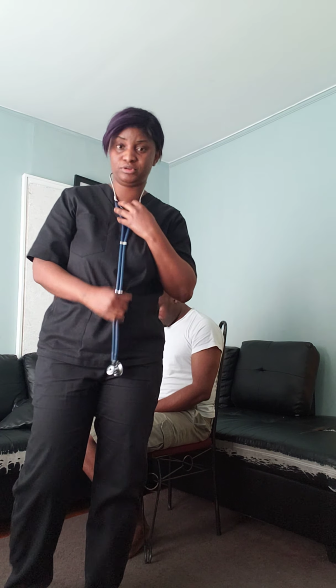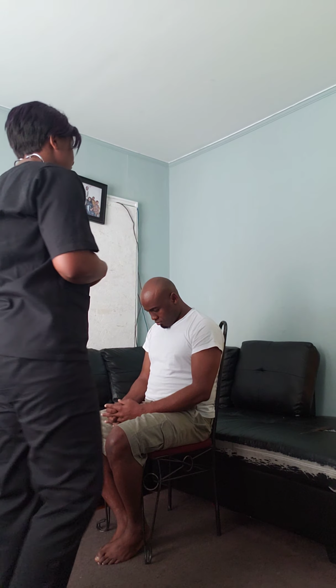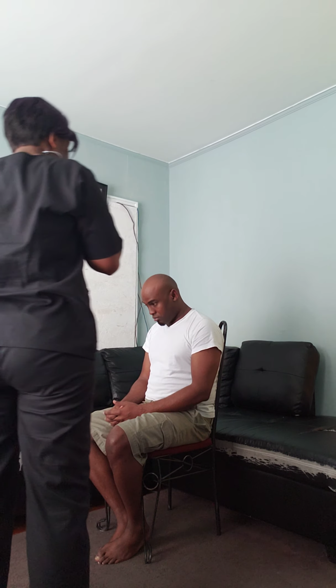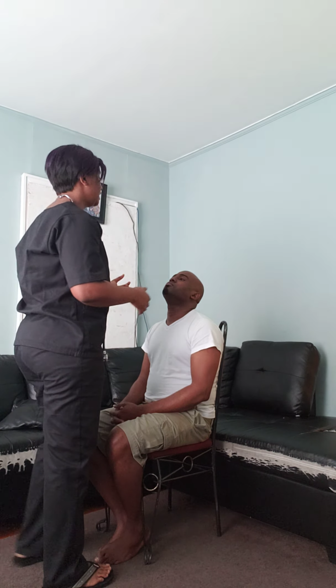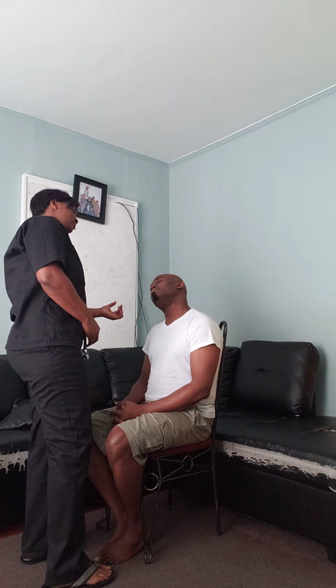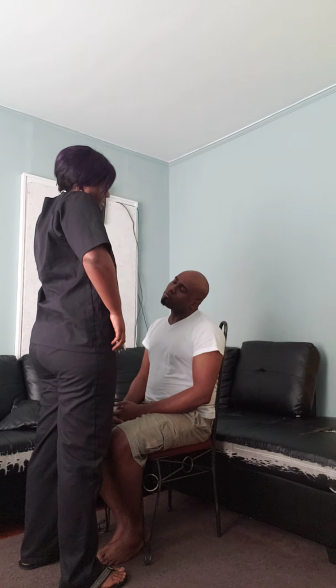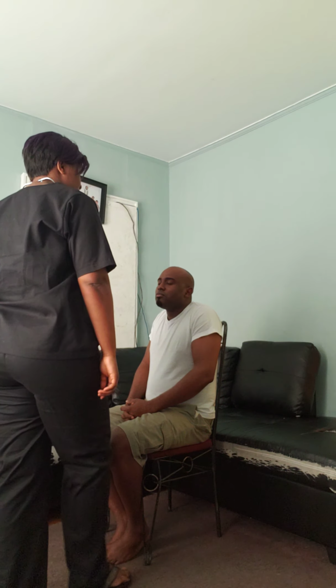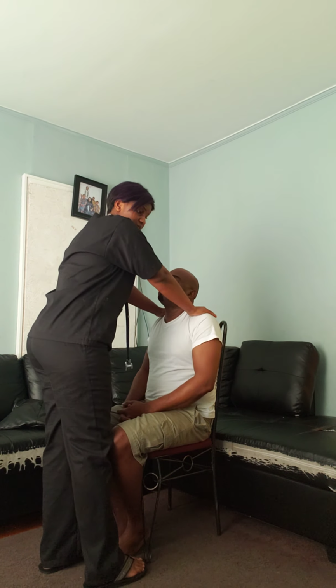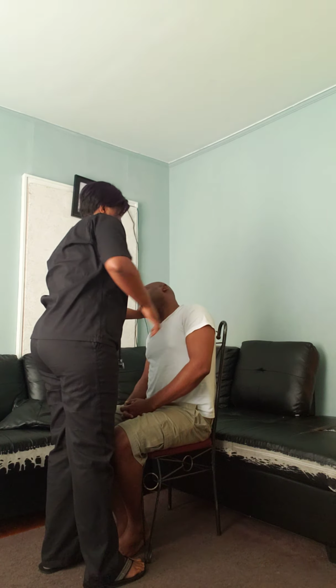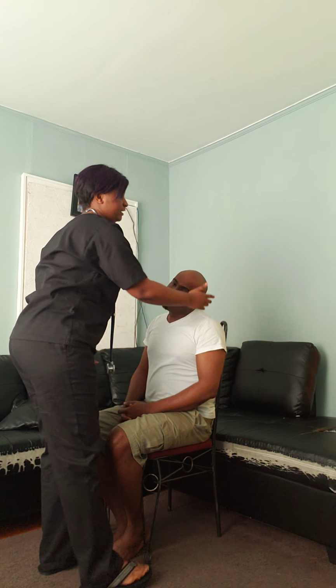The pulse is strong and regular. It's at +2, which is a normal finding. So at this point in time, I'm just going to check for spinal accessory nerve. Can you bend your head like this? Good. The other side. Your shoulders, can you lift them up, down? So I'm going to do this against resistance. Against resistance. Okay, everything looks good.